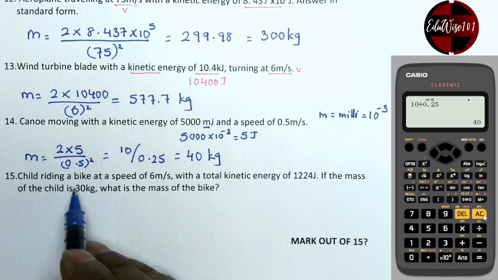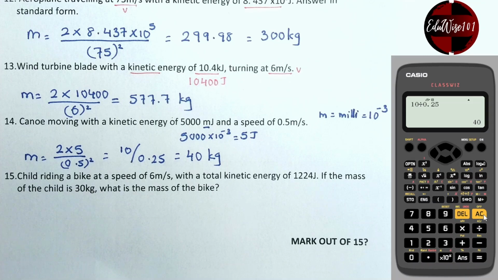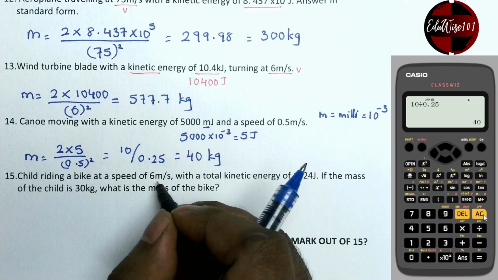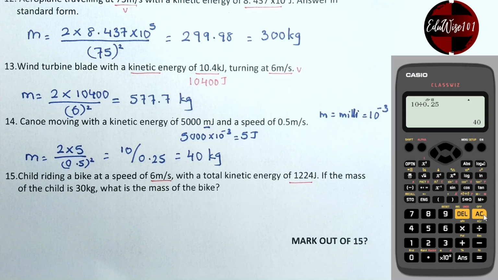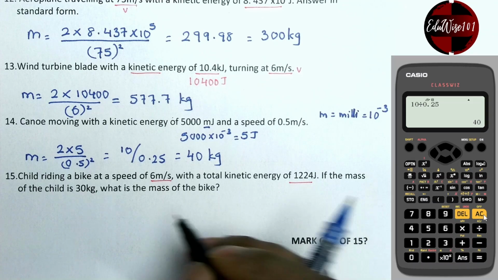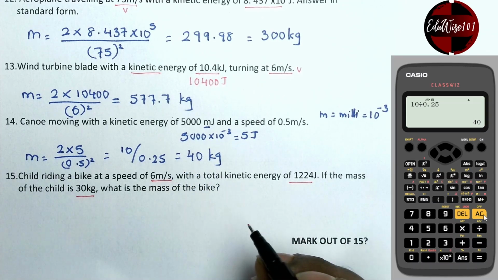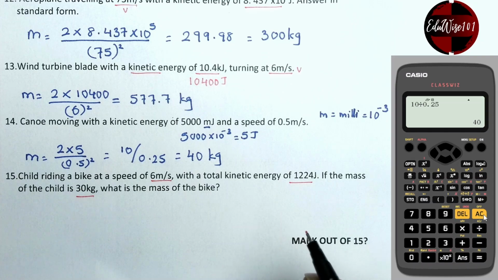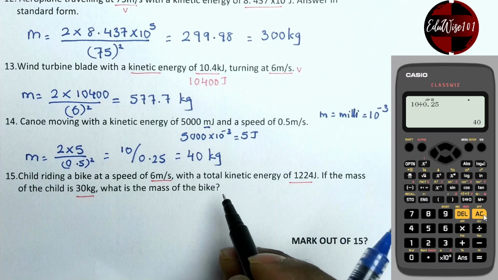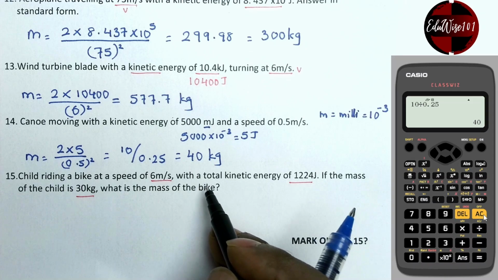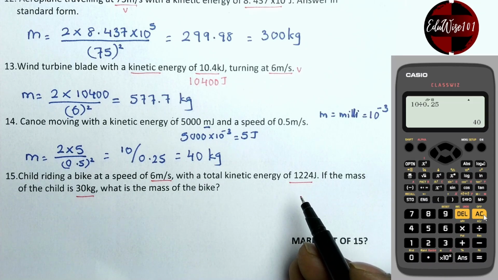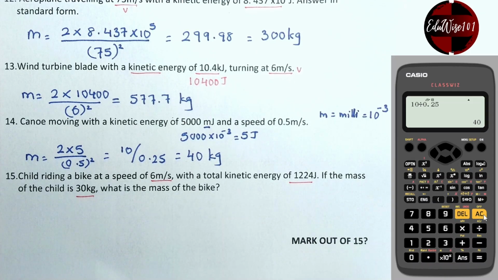A child riding a bike at a speed of 6 meters per second, so that's my velocity there. Total kinetic energy of 1224 joules. If the mass of the child is 30 kg, what is the mass of the bike? So using these two values I can find the total mass and take away 30, that will give you the mass of the bike.